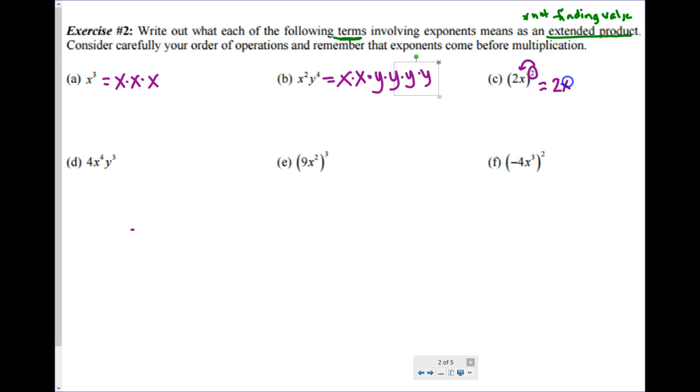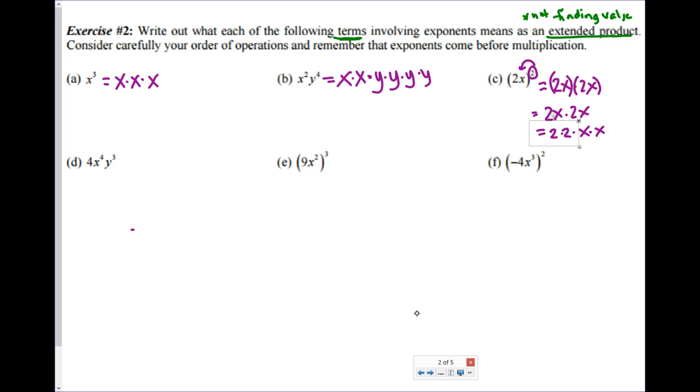So it's like saying 2x times 2x. Now when we extend something with numbers, we want to make sure all the numbers go in front. So I'm going to regroup these 2's and put the 2's in front and the x's at the end. Do I still have 2 squared? Yep, 2 times 2. Do I still have x squared? Yep, x times x. I just reordered it so the numbers go in front.